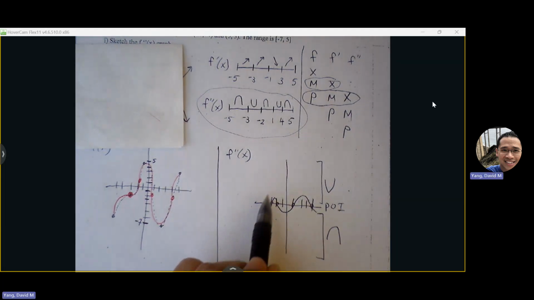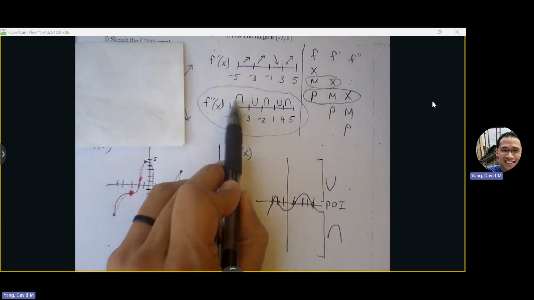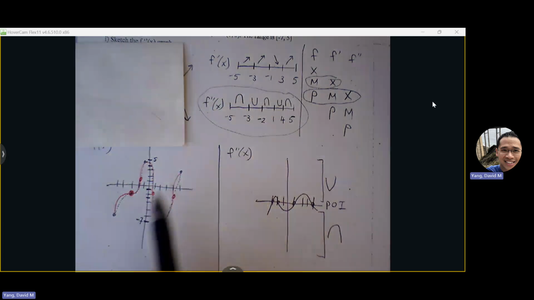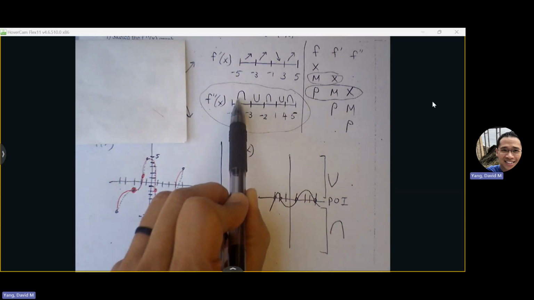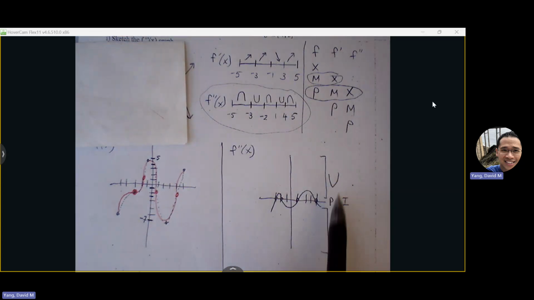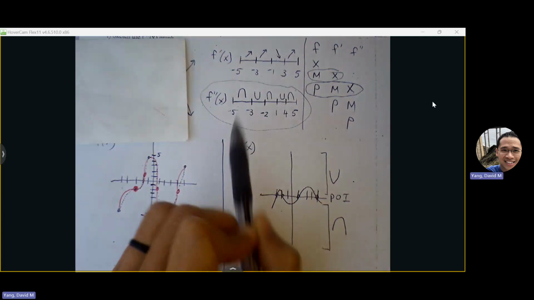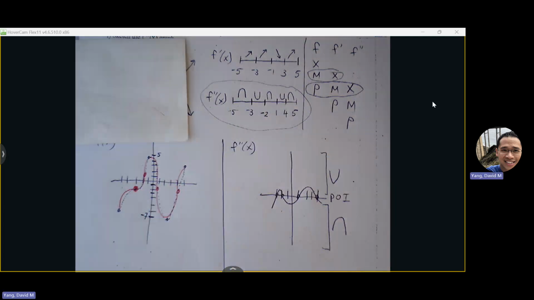The shape of the graph will look nothing like the shape here. Understand that this shape is for the original function. All we're doing is using this to indicate where we're going to land, either above or below the x-axis. But you're not going to try to shape the graph to look like these.